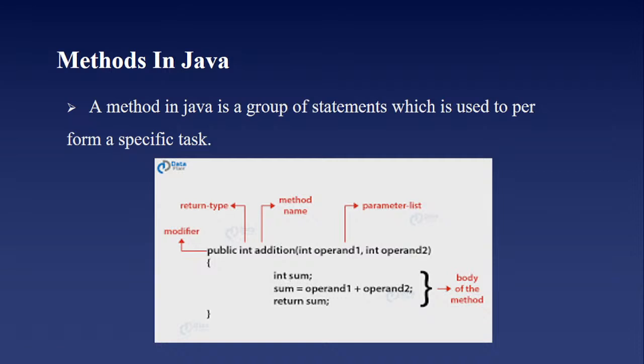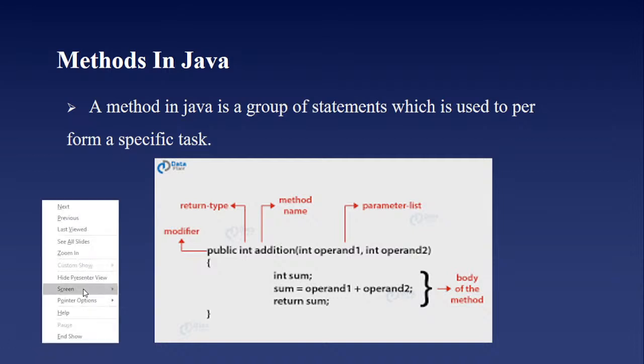It is nothing but a collection of statements. Say for example, in a corporate company, I want to calculate the net pay of an employee or the total bill amount. For example, in an e-commerce industry, you can just imagine.